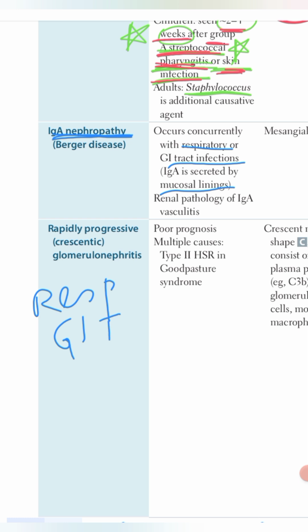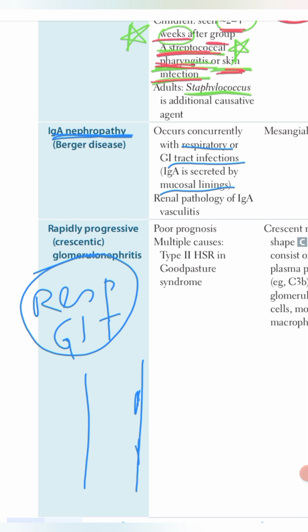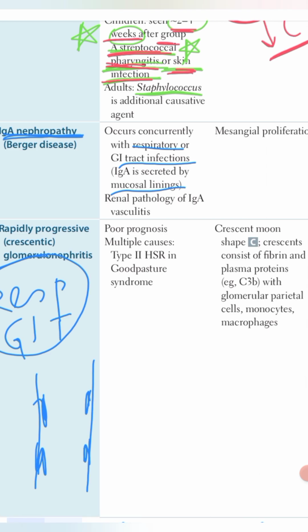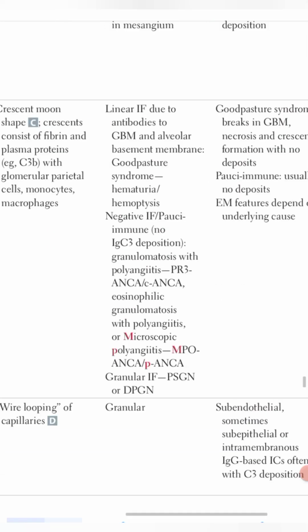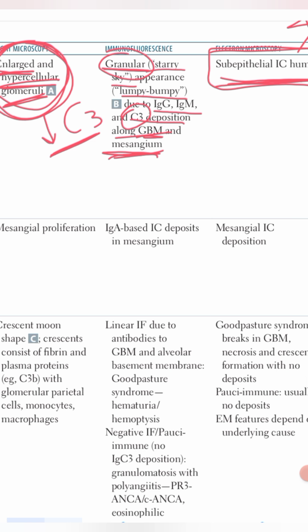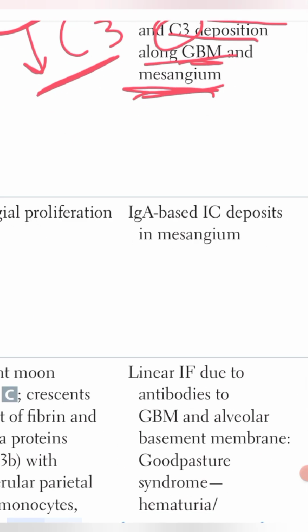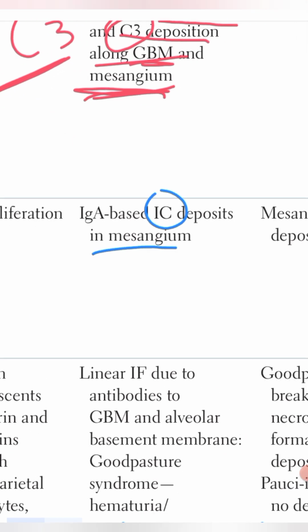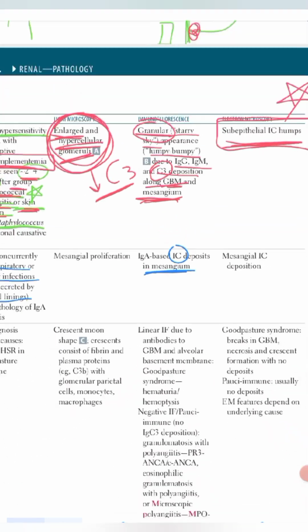So whenever there is an infection of the respiratory system or GIT, this antibody will come and fight against the antigens that are causing the infection. And what happens is that there will be IgA deposition in the mesangium. Antigen-antibody complexes will form, and these immune complexes will go into the kidneys and deposit in the mesangium.